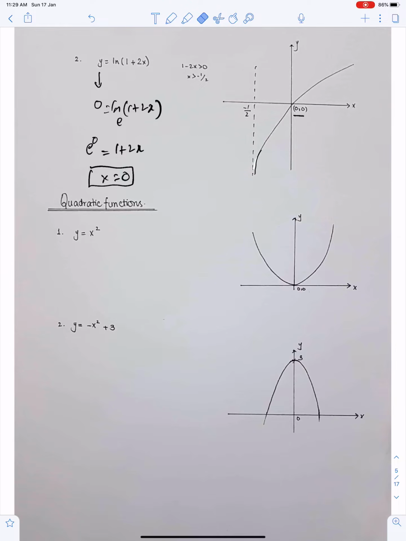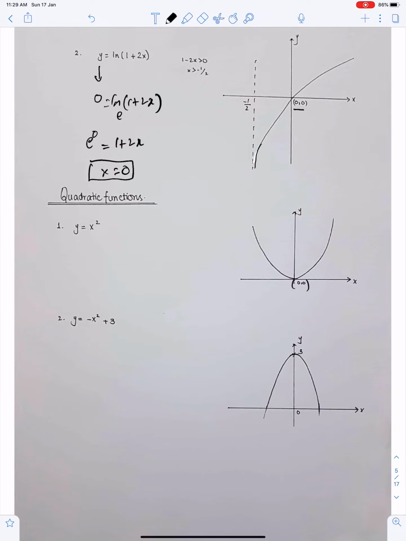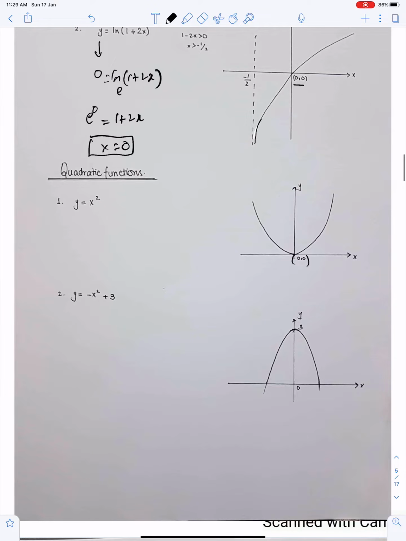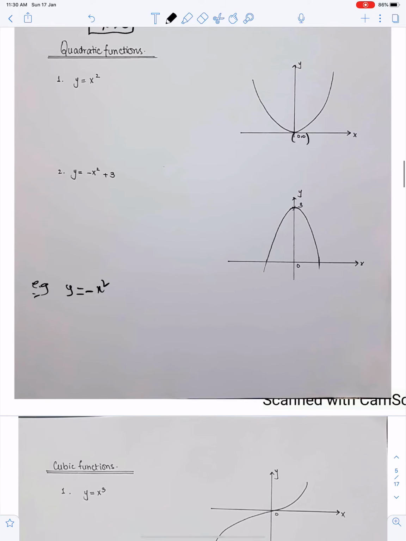Quadratic functions. You all know how to sketch quadratic. This is the happy face. And this is the turning point. And minus x square plus 3. How to sketch minus x square? First understand how to sketch minus x square. Minus x square is the opposite of plus x square.